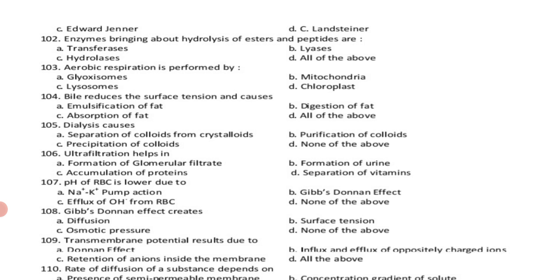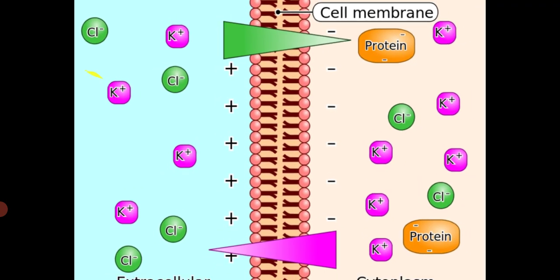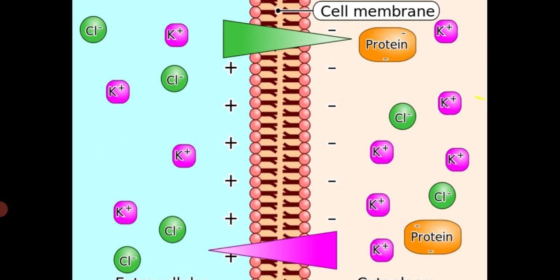Sodium and potassium move against a concentration gradient. The pump maintains the gradient of higher concentration of sodium extracellularly and higher level of potassium intracellularly. This is about Donnan's equilibrium or the Gibbs-Donan effect: the unequal distribution of ions in the cytoplasm and exterior of a cell.